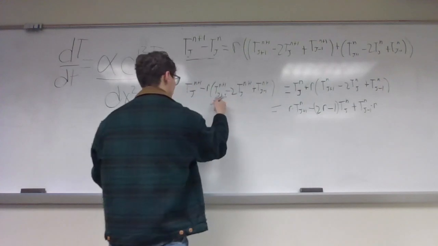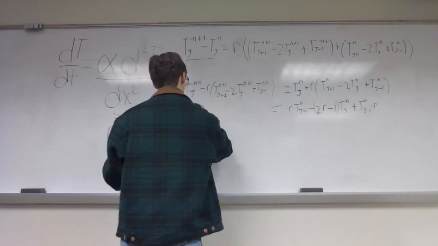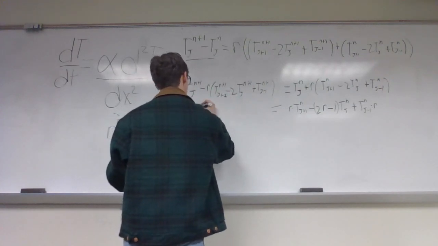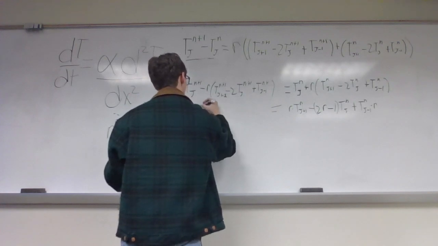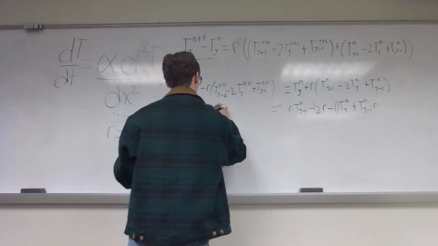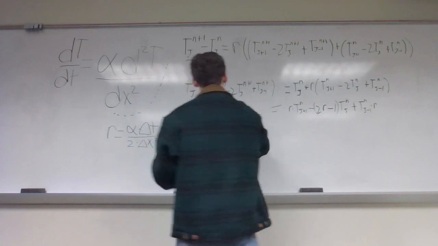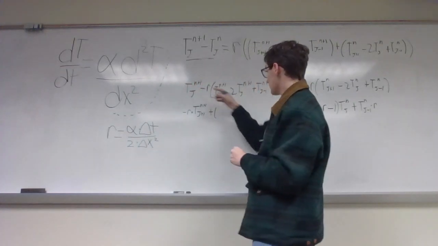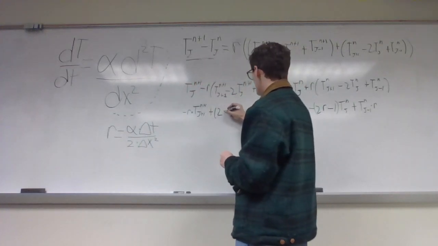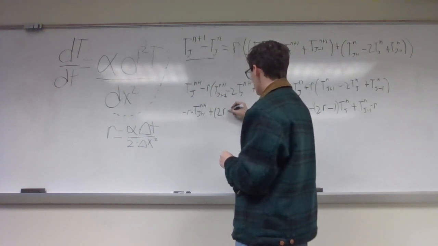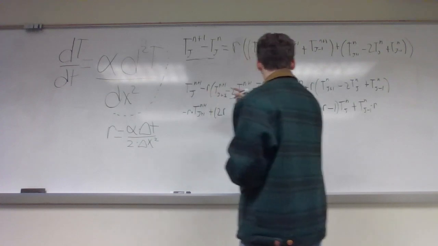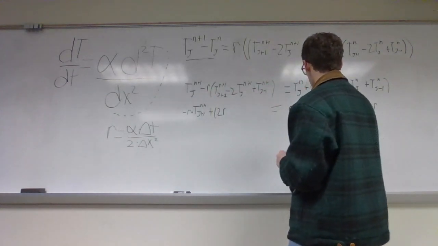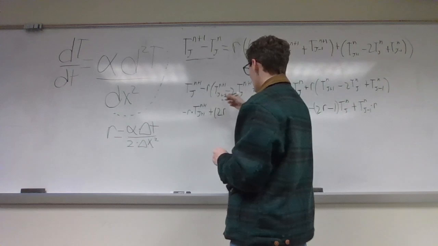So first we're going to start with our plus 1. So we have negative r times T_{j+1}^{n+1}, plus, now we're going to do, because it's a minus, plus 2r, and because this is a negative r, it turns into a positive.